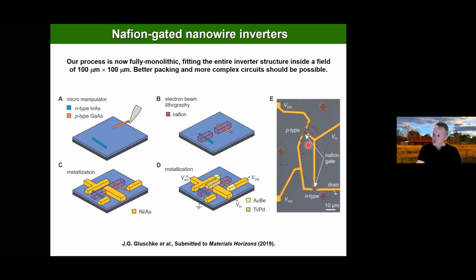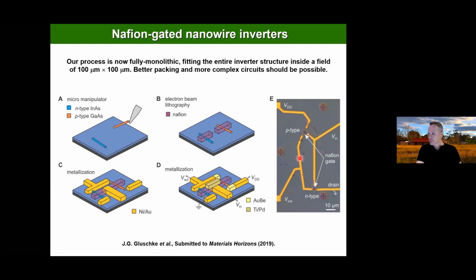So here's the final device just here. There's a P-type nanowire and an N-type nanowire in here. Those are separate depositions from a gallium arsenide growth and an indium arsenide nanowire growth, which we position using a micromanipulator system. And then we pattern the Nafion structures, so you can see them as the little purple bars just extending out from where the nanowires are.